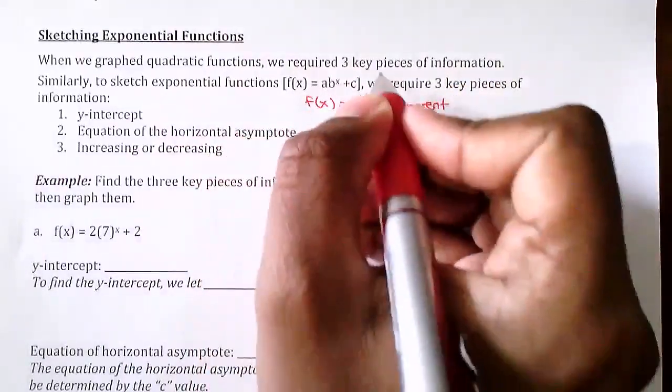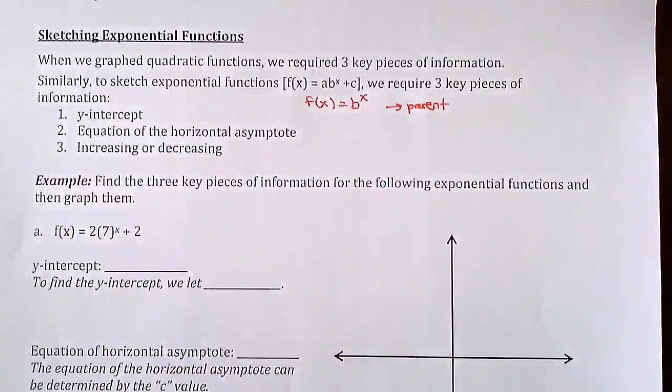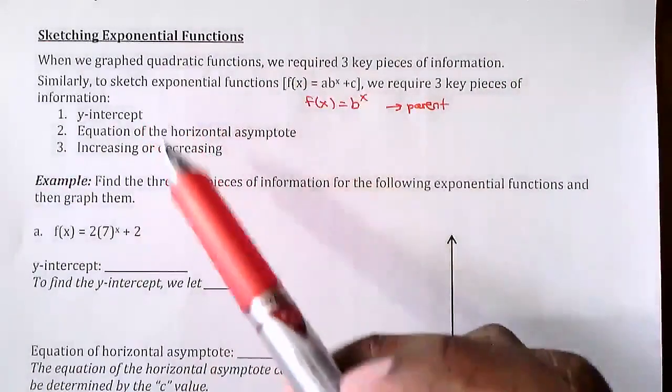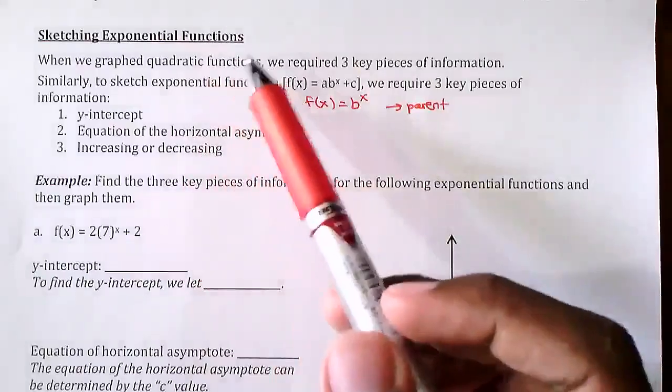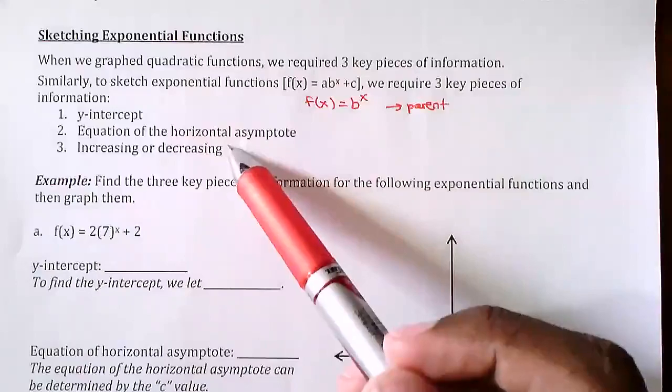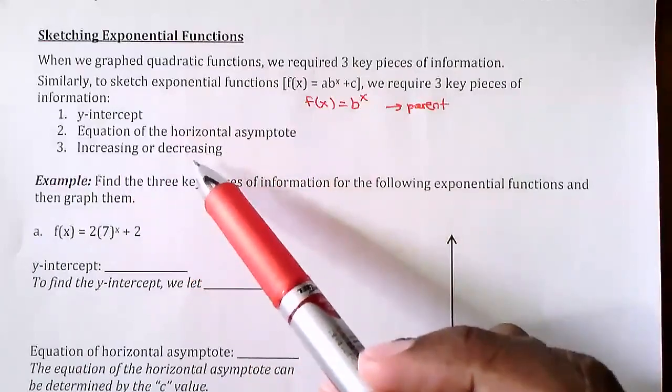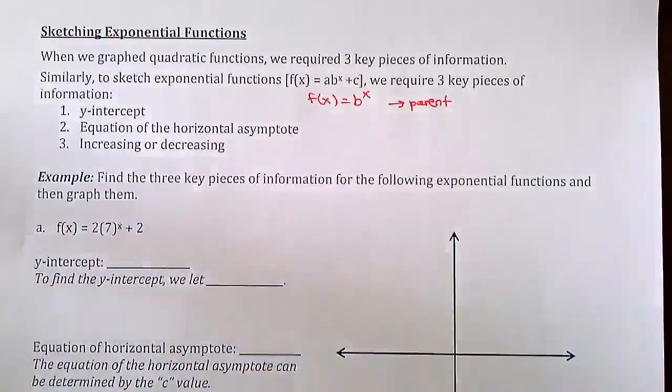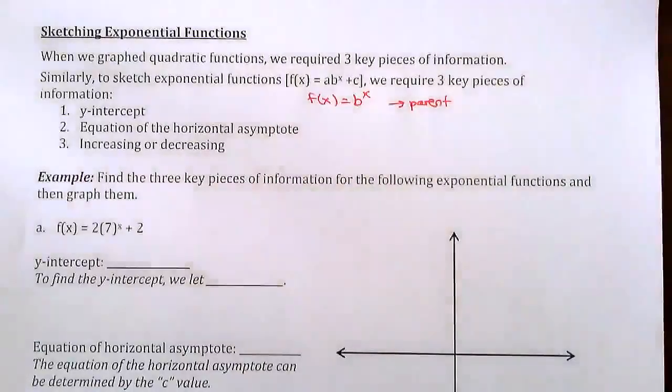We can have an a up front, we can have a c after. But regardless, the 3 pieces of information we always need to sketch exponential functions are the y-intercept, the equation of the horizontal asymptote, and if it's increasing or decreasing. Once we get these 3 pieces of information, again, we can draw our best representation of our exponential function.